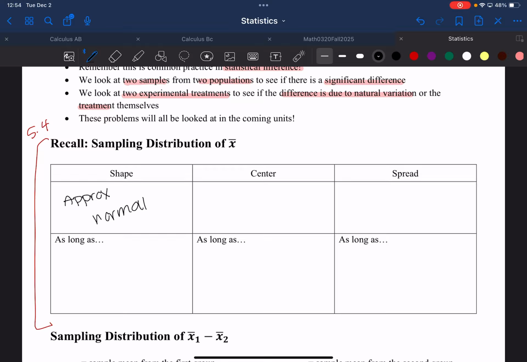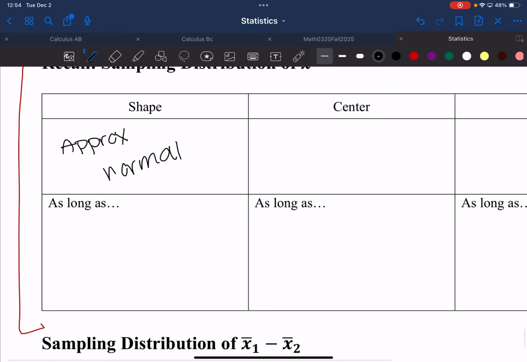So instead of large counts condition, we're using the central limit theorem. We can assume that it's approximately normal if n is less than 30. So then we assume, okay, it's normal.